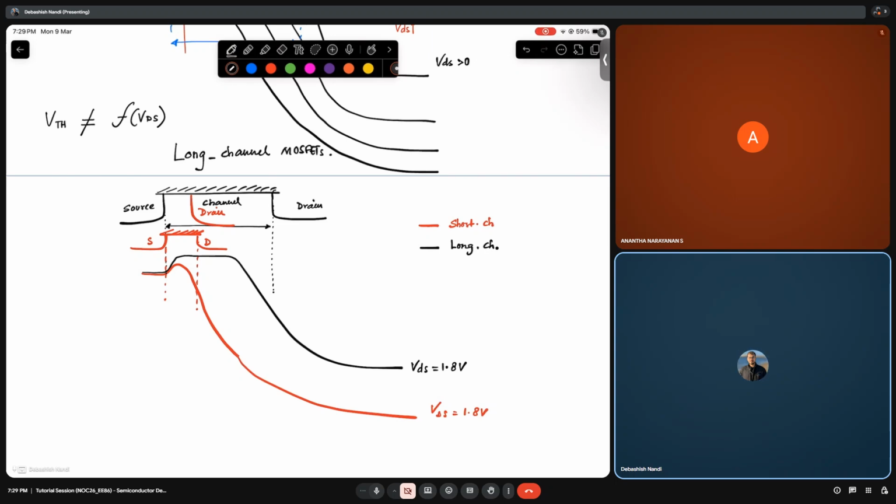Okay. And this is the case at VDS equal to 0 volt.